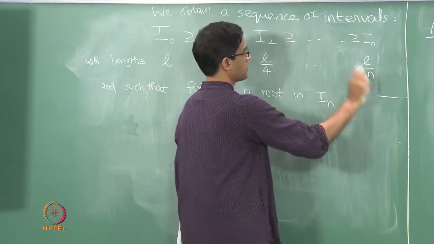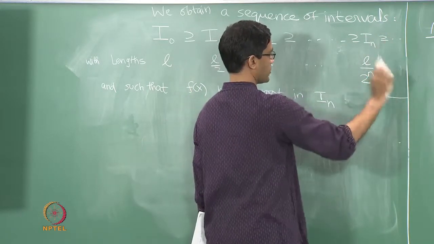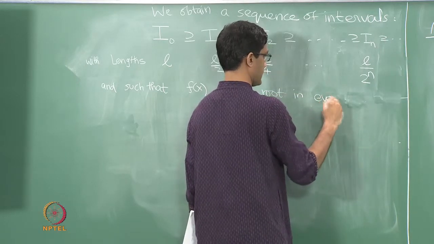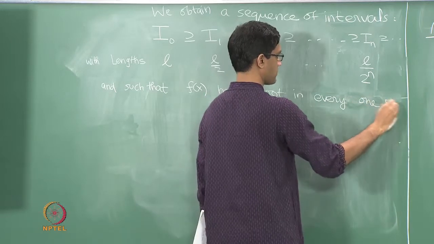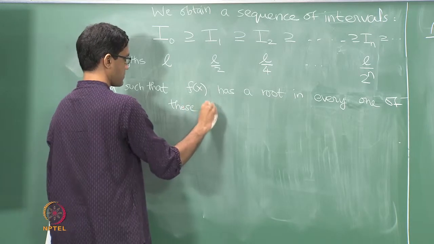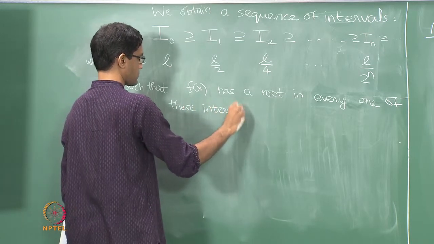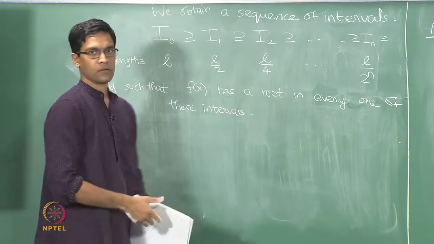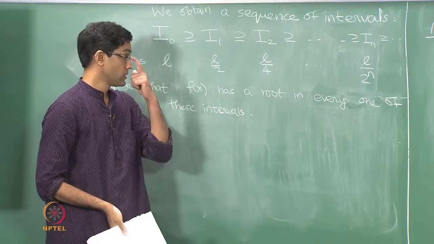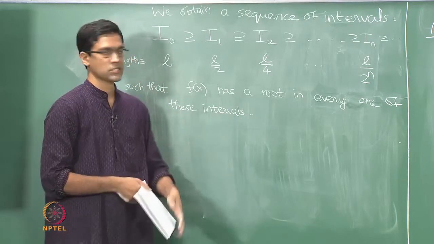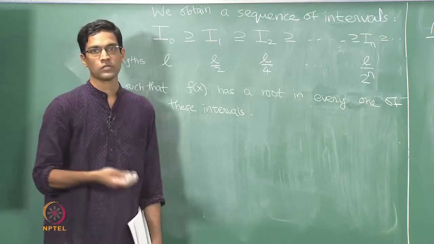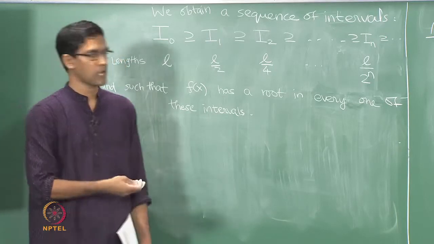So f has a root in every one of these intervals. This is of course assuming that you didn't yet find a root. If you evaluated f on some midpoint and you actually got the value 0, then you are done, you have found the root exactly and you don't need to keep doing this algorithm anymore.